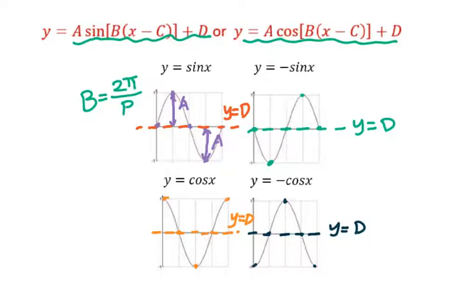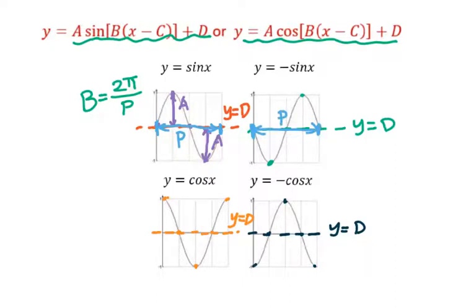There are a lot of ways to figure out the period. For example, on the midline, every other point from here to here, that's one period. So the horizontal distance for every other point on the midline is a period.